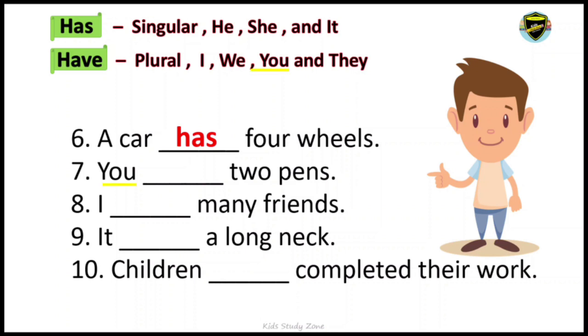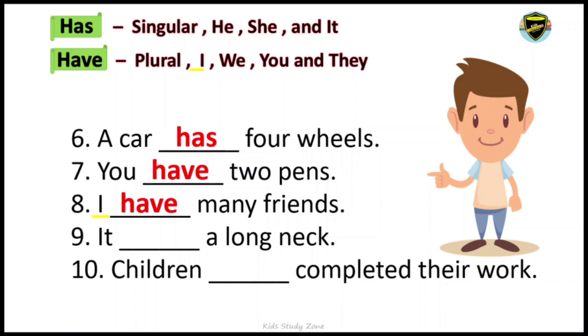You is there. With you, we will use have. You have 2 pens. Next one. I dash many friends. Let's see the rule box. I is there. With I, we will use have. So it will come, I have many friends.